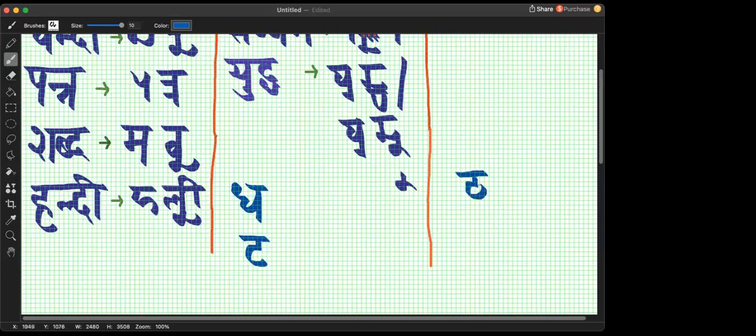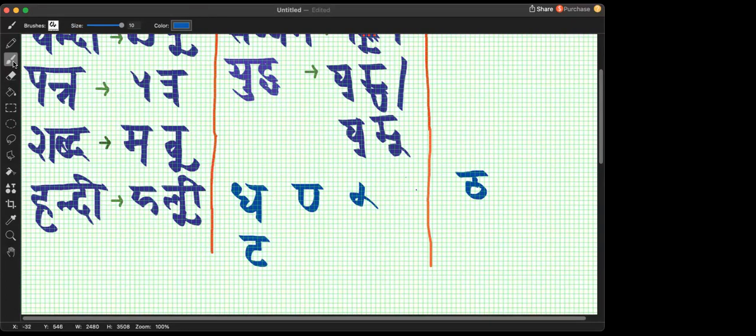It will go in the first category. So for these three, we know the dha at the bottom is written as a full alphabet. If you're writing it as a conjunct, because it is touching the shiroreka twice, this can also be written like this at the bottom.